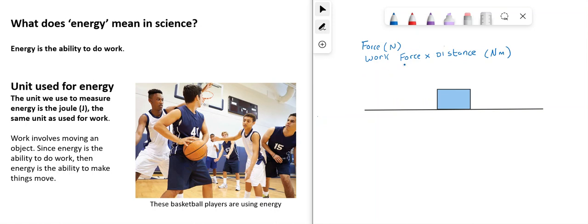So you have the force acting on the object, and then you have the distance that it moves. So imagine this is an object here, and we apply a force, and we move this object from here over to here.